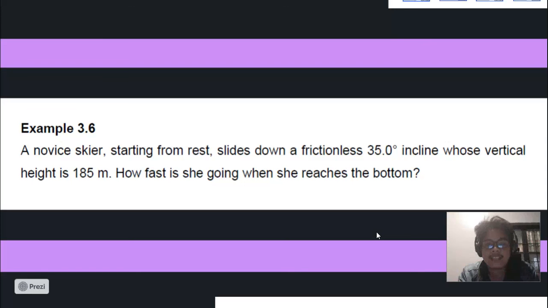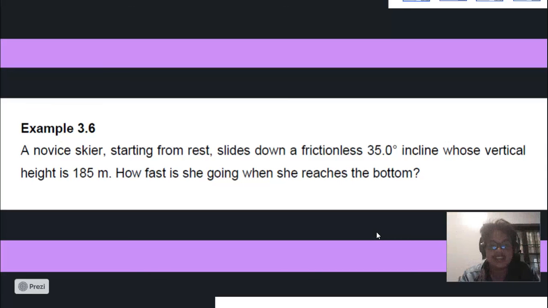So medyo mataas yung kanyang initial height. How fast is she going when she reaches the bottom? So as it reaches the bottom, gaano kabilis siya nagta-travel? Okay, again, reminder lang, this is a frictionless ramp.